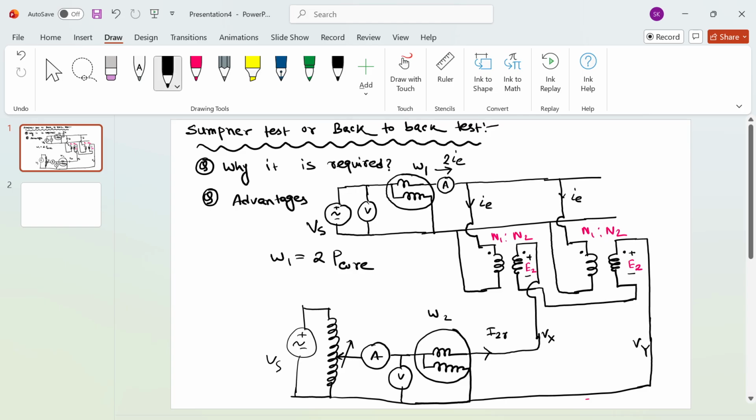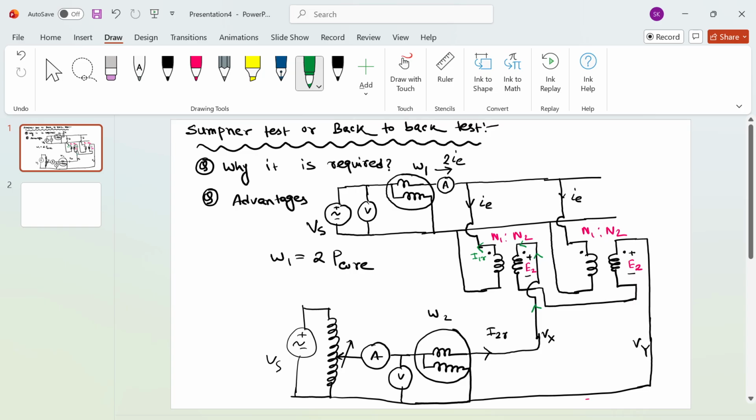Okay. Let's see. This I2R current will flow. It is entering into the dot. So the reflection of the current on the primary side, I1R, will leave the dot.